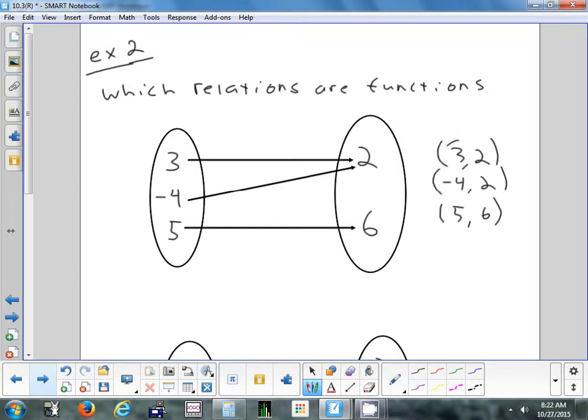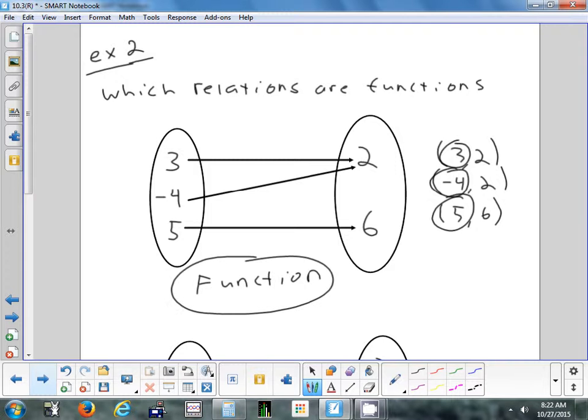Why would it be a function? Nothing in the domain gets repeated. Okay, so this is a function. What does get repeated? Yeah, 2 gets repeated, but where's 2? It's on the range side.